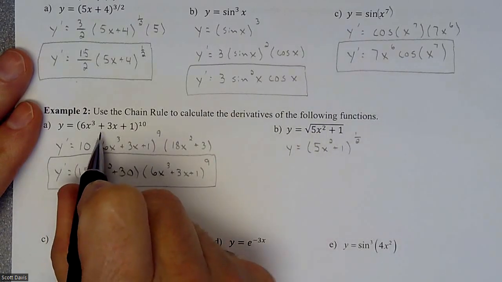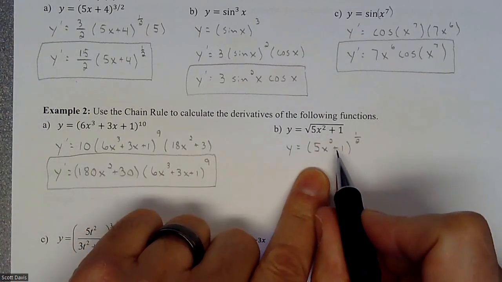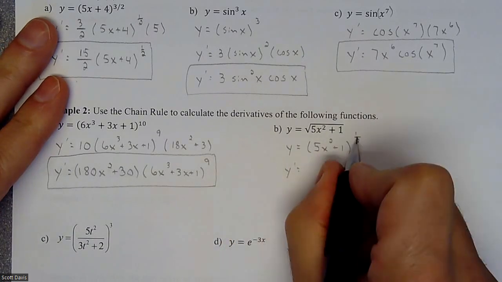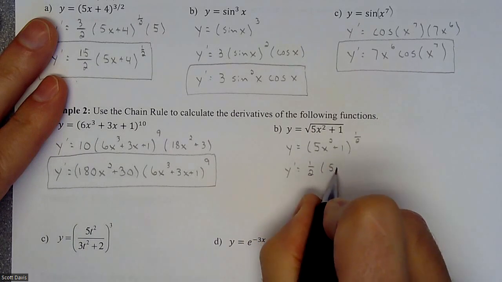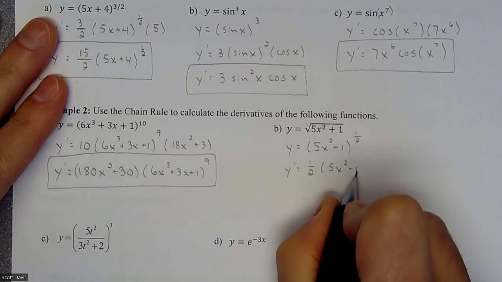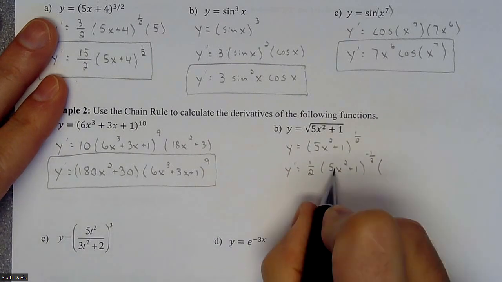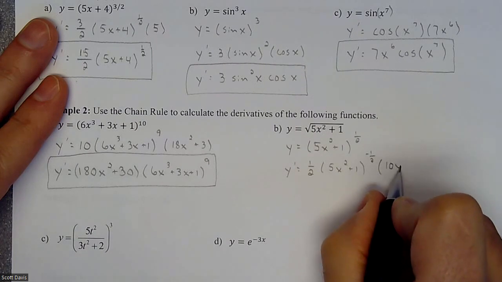And now this definitely has a chain rule kind of a feel to it, where there's your outside, there's your inside. So when we do our derivative, we'll bring the 1/2 down, 1/2 times 5x squared plus 1 to the negative 1/2, times the derivative of the inside, which is 10x.